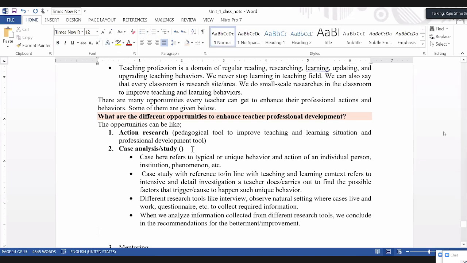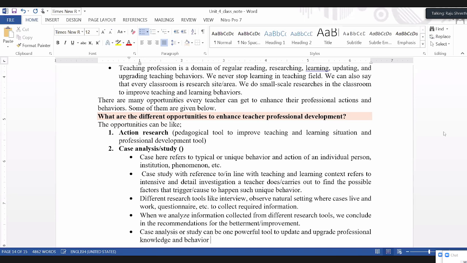And finally, we can say that case study, case analysis or study, is one powerful tool to update and upgrade the professional knowledge and behavior of the teacher.